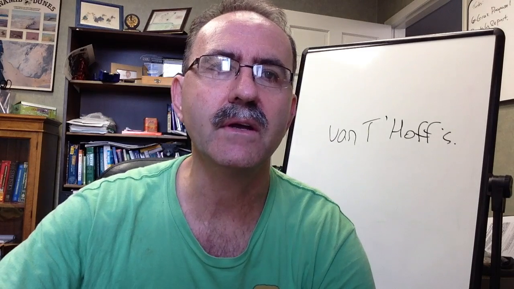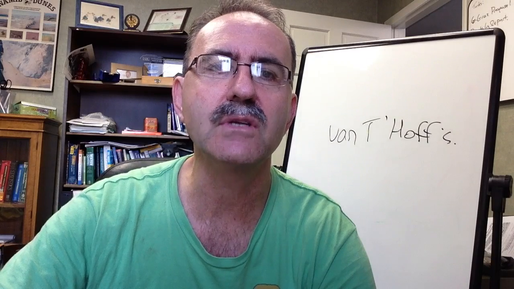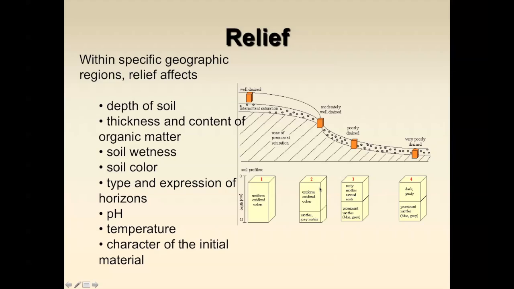What happens as you go down the slope is that you're going to have some oxidized colors, but you're going to have these mottled grays. So you're going to have the moderately well-drained soils, but what's going to happen is there are going to be some patches that stay wet all the time.